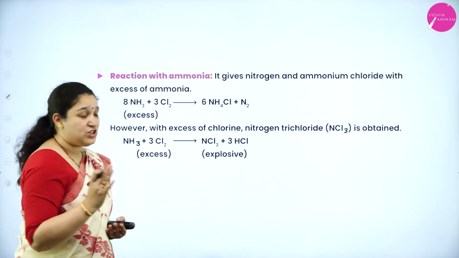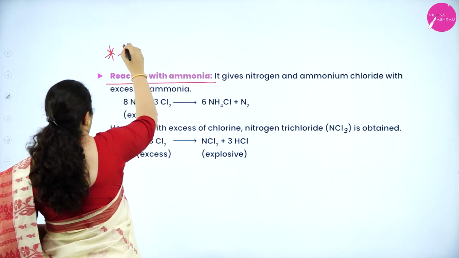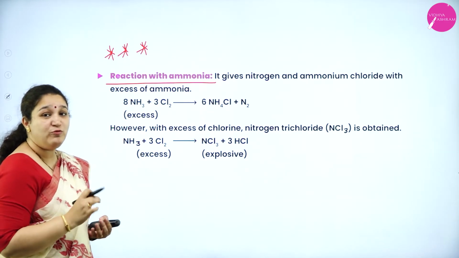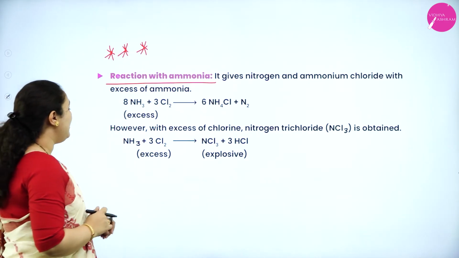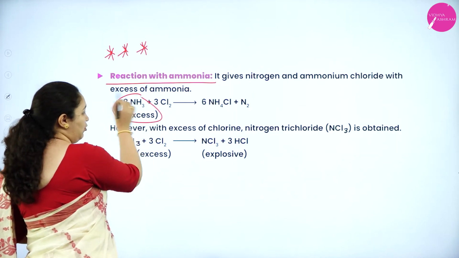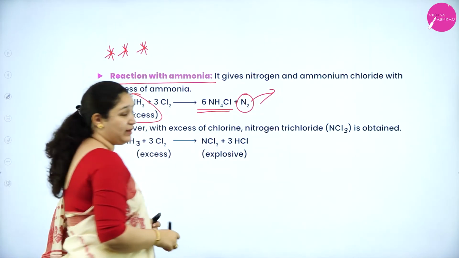Next is reaction with ammonia. From the exam point of view, it is a very important question. It is asked several times in the form of fill in the blanks. If you take excess of ammonia with chlorine, you will get ammonium chloride and nitrogen gas is liberated.